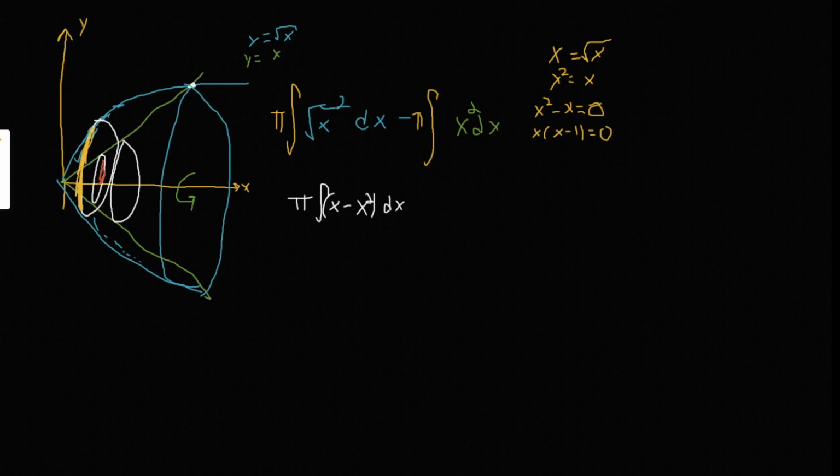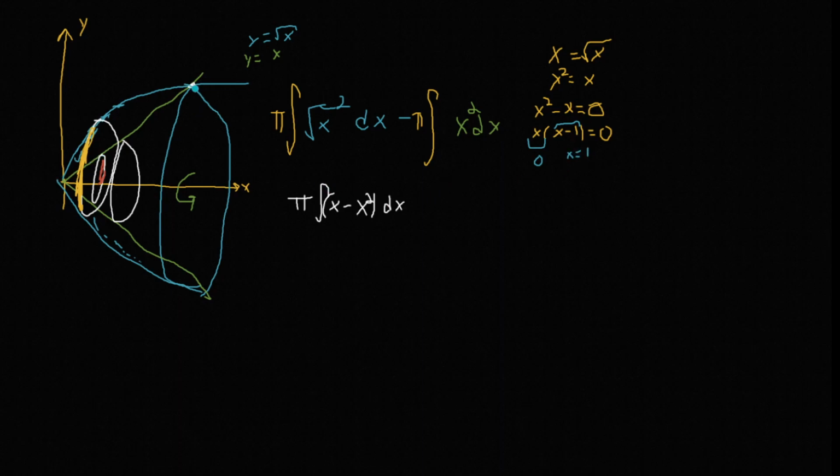The zero product property says that if this is 0, then any number times another is 0. So this x will be 0. So they will meet at 0, and when x minus 1 is equal to 0, which is just when x is equal to 1.